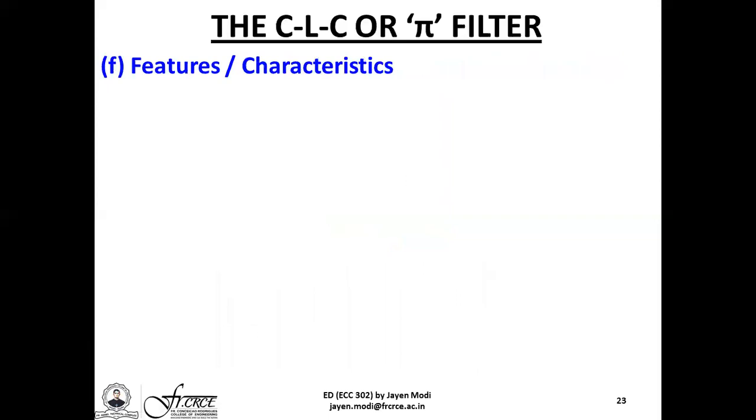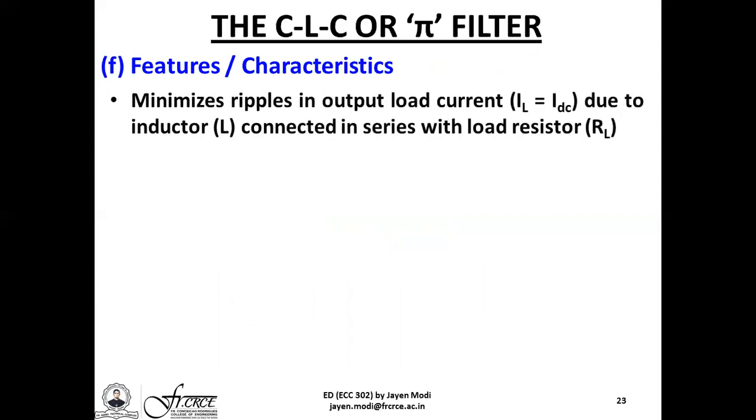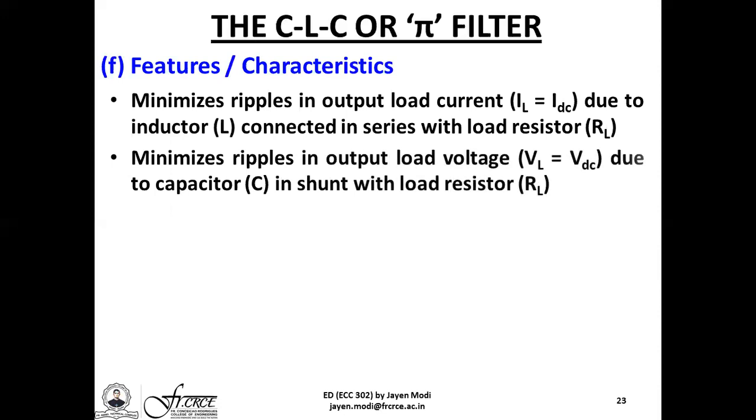The features or the characteristics for a CLC or for a pi filter are as follows. It minimizes the ripple content in the output load current IL is equal to IDC due to the presence of an inductor connected in series with the load resistor RL. It also minimizes ripples in the output load voltage VL is equal to VDC due to the presence of the capacitors C1 and C2 approximately in shunt or in parallel with the load resistor RL.